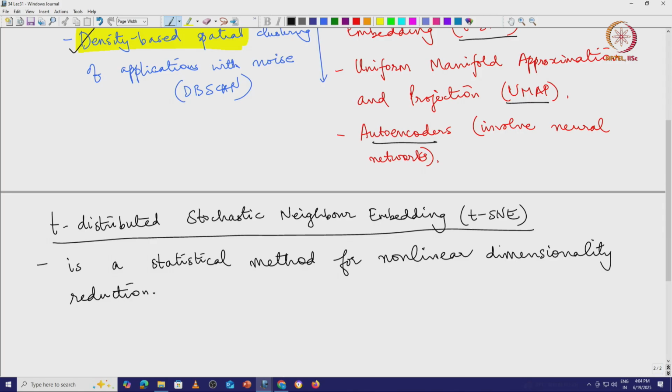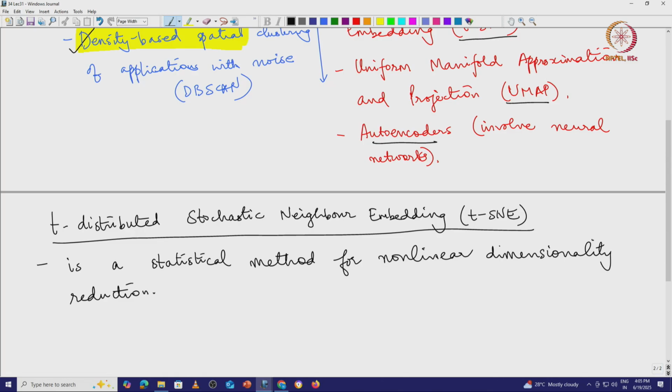So if you remember principal component analysis, through the use of SVD, we were just linearly combining the features, right. The new features, the principal components, were in some way a linear combination of the existing features, and we even showed the way this can be implemented through matrices. But the fact of the matter is that any kind of nonlinear combination of features to obtain a lesser number of features or lesser number of dimensions is not possible through principal component analysis, and that is the reason why these more advanced algorithms have been developed, right.